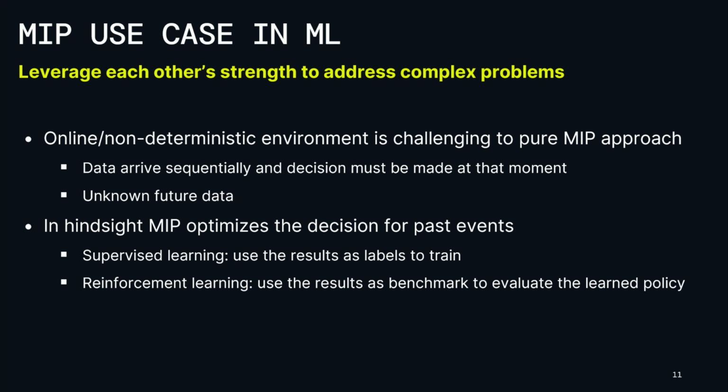And in a reinforcement learning setting, we can use the optimized results as a benchmark to evaluate your learned policy, because the benchmark would be the best you can possibly get without any uncertainty. The learned policy accounts for uncertainty, so it cannot do as well as the one with MIP. But the learned policy is going to be applied in real time.